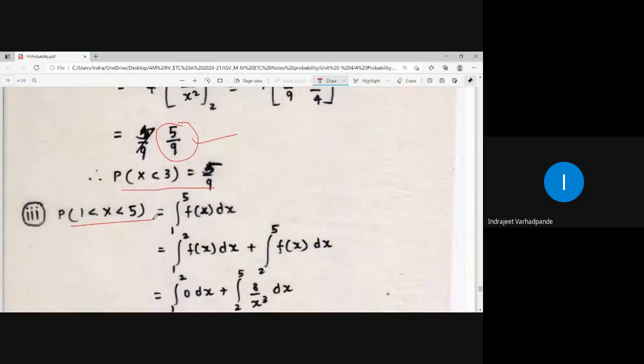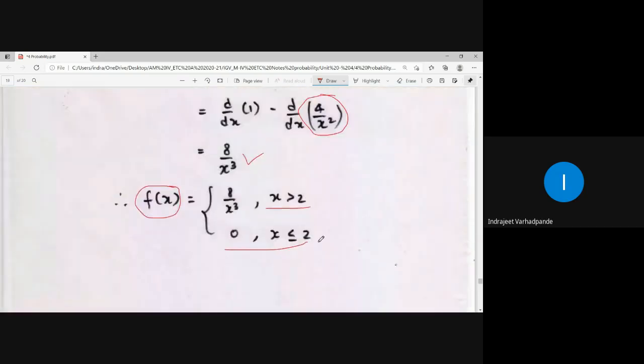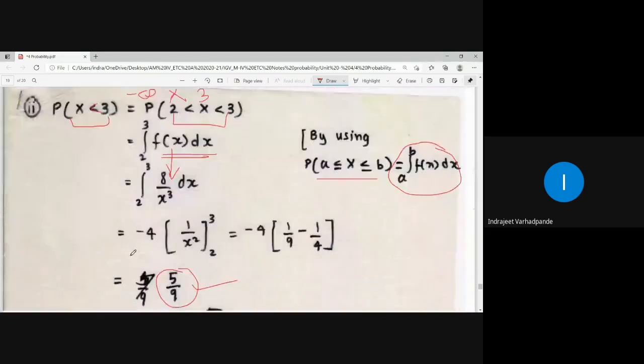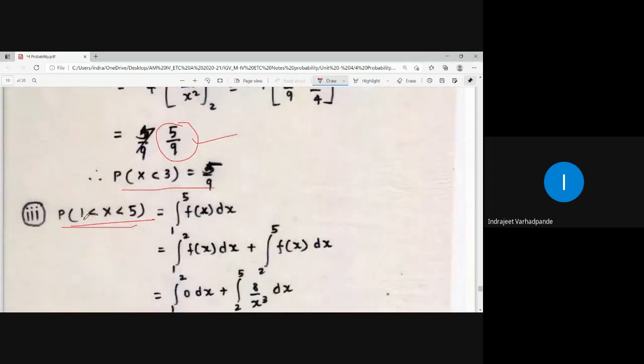Now the second part that is asked: the probability between 1 to 5. How will it be split? As the probability for 1 to 2 and 2 to 5, because for which range is our function defined? Up to 2 it is 0, beyond 2 it is 8 upon x cube. So here they are asking for the value from 1, so it will be 1 to 2 and then you integrate between 2 to 5.